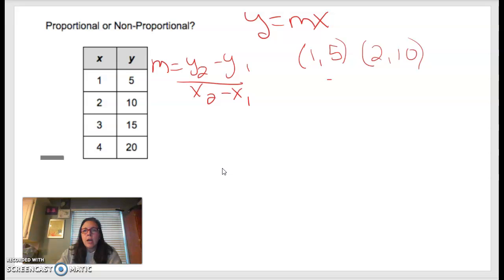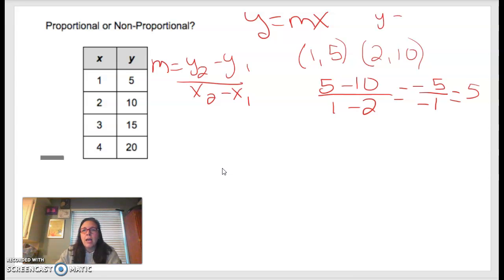So then we're just going to subtract 5 minus 10 over 1 minus 2. So this is going to be -5 over -1, which is really just +5. So my slope is going to be 5. So I'm going to put y equals 5x.